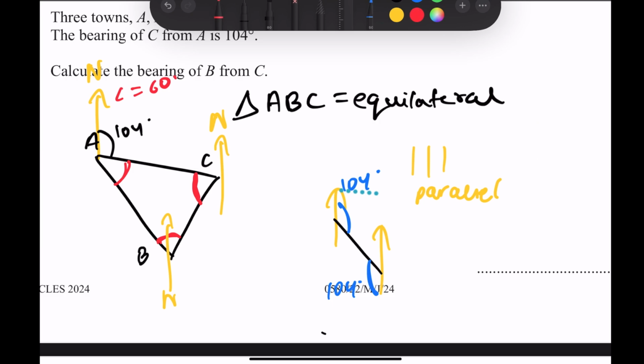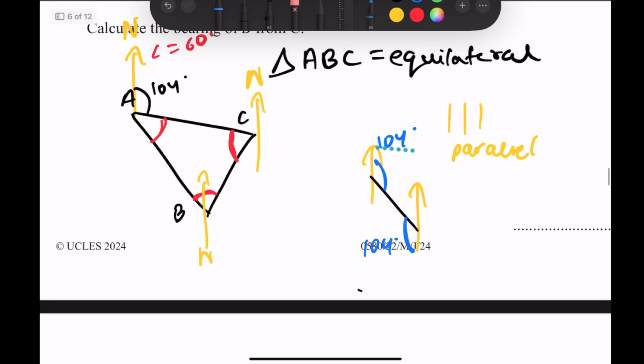So in this case, this angle over here is 104 degrees. Now, since this red angle is 60 degrees, this black angle over here is equal to 104 minus 60, because this green angle is equal to this angle plus this angle, and we know what this angle is and what the big total angle is, so we can find this smaller angle as 104 minus 60 degrees.